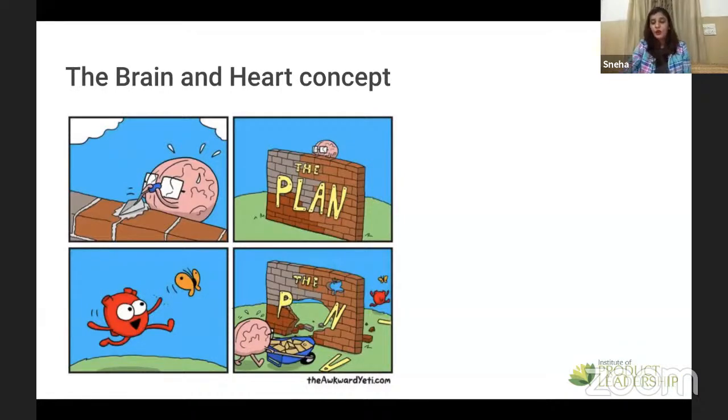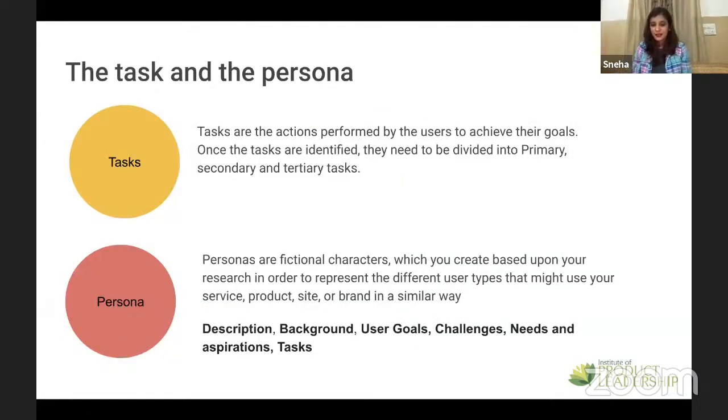And now, how do we use this same thing in design? I believe that user tasks are the brain of the design, and personas are the heart. So even if you started from the middle, at least for the module or the screen you're designing, understand what are the tasks of the user. Tasks are nothing but the actions that people do to achieve a certain goal that they have.